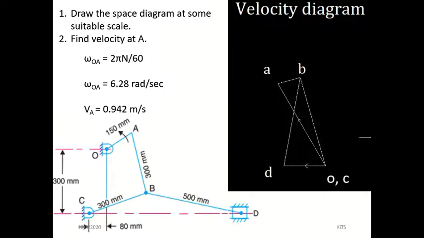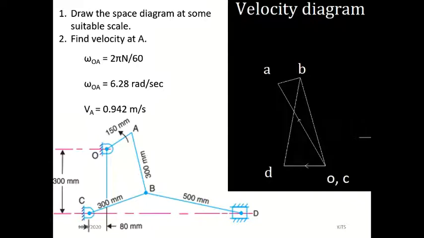So now we have drawn OA, AB, BC. Next we have to draw this line BD. So draw a perpendicular line for BD, starting on B and ending on D. So it should start here. Okay, draw the line.